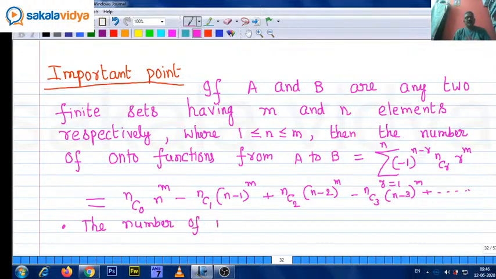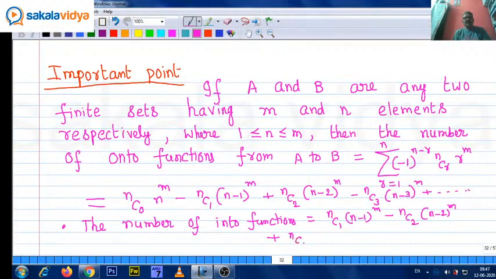Number of into functions is equal to nC1 (n minus 1) to the power of m minus nC2 (n minus 2) to the power of m plus nC3 (n minus 3) whole to the power of m minus and so on. So please note it down. This concept is very important.